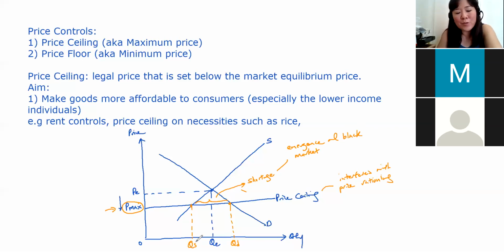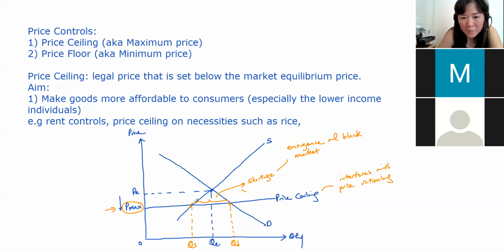So those consumers who are able to get this limited supply of the good would buy these goods and pay a price of Pmax, but they could possibly resell the good at a higher price in the market. How high?